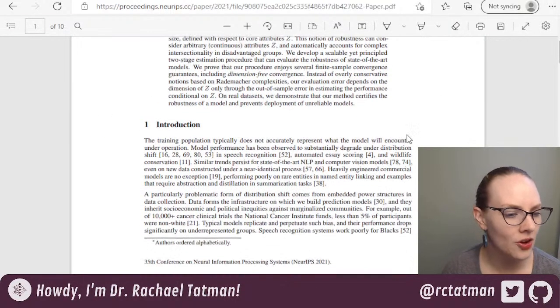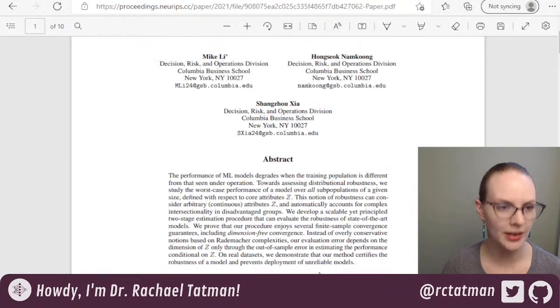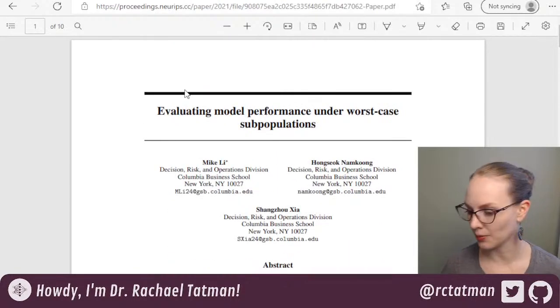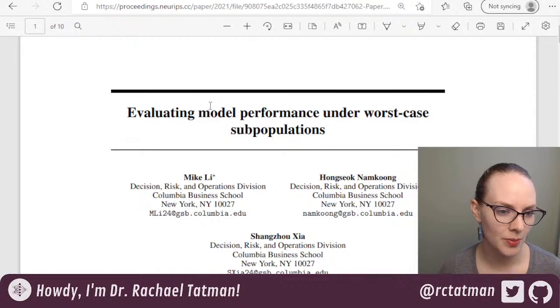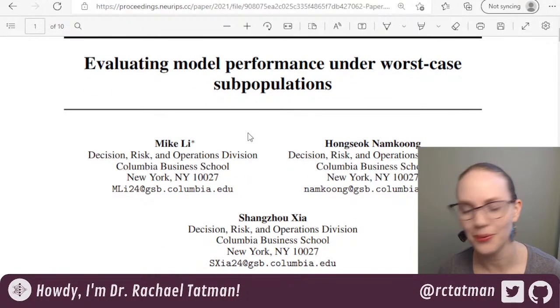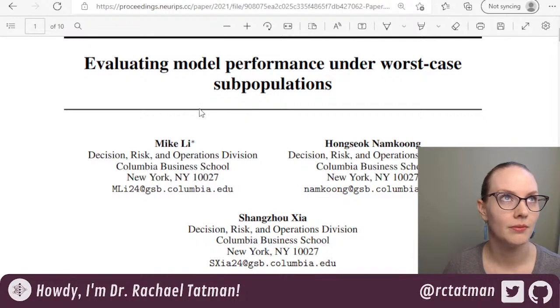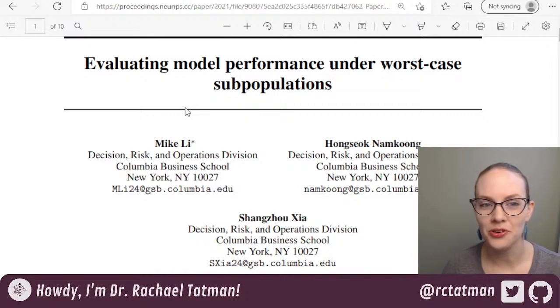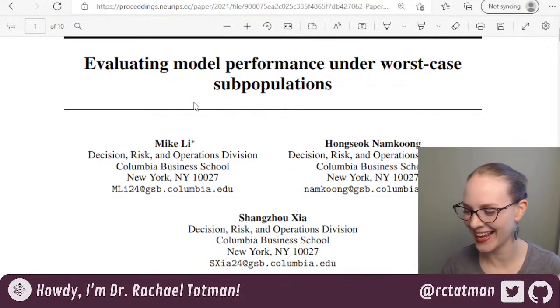And then another one from NeurIPS, evaluating model performance under worst case subpopulations. The reason that this paper really jumped out to me is that, A, it's by a bunch of people from a business school, which is not usual for NeurIPS papers, I would say.